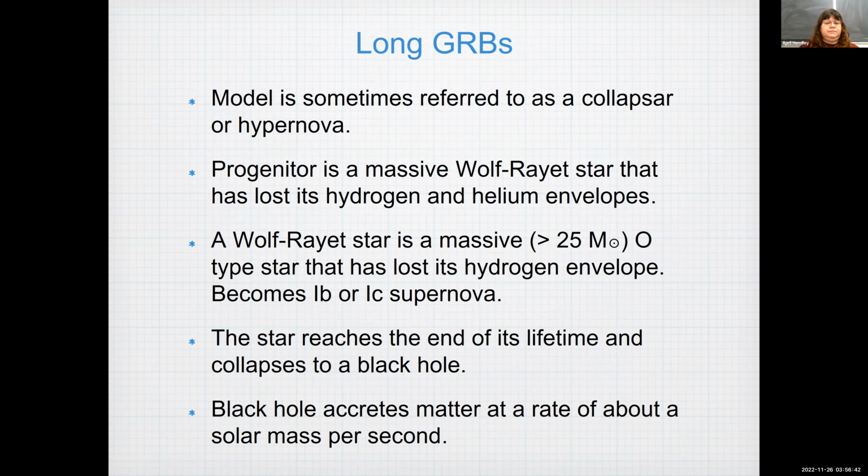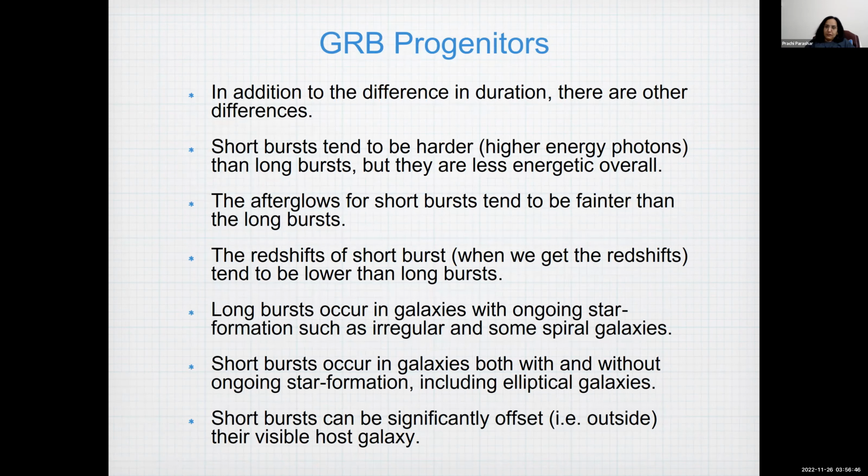Okay. So basically, if you were looking at gamma ray bursts coming from those galaxies that are already formed, they will be all long, most likely, right? Well, if it's a spiral or irregular, where there's new star formation going on, we can get the long ones.